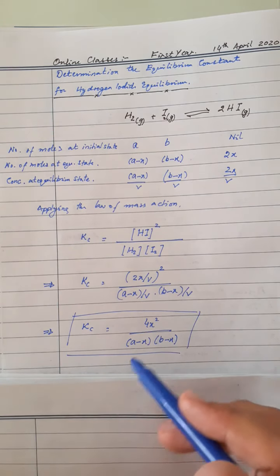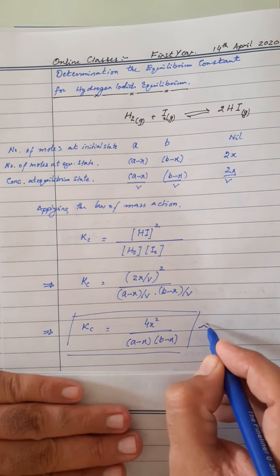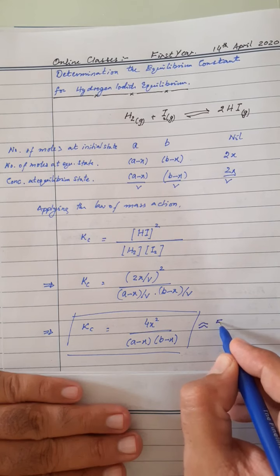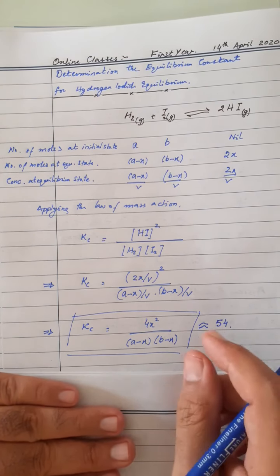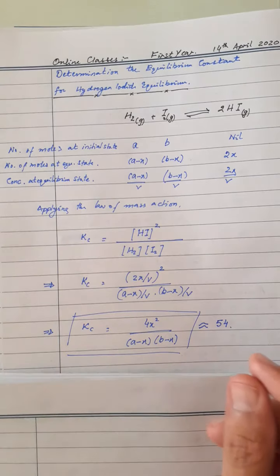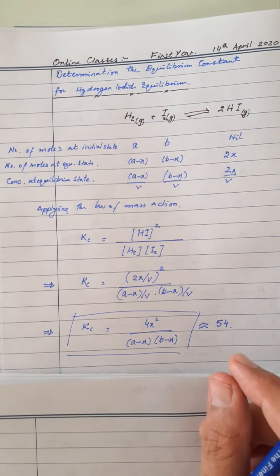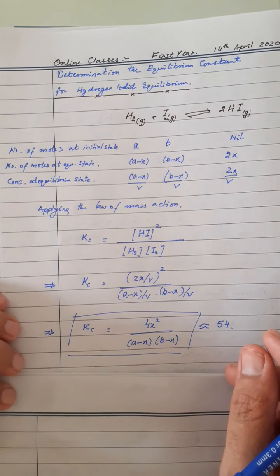Different reactions have different values, but the average value for this chemical reaction is 54. Just like for ethyl acetate the equilibrium constant was 4, here it is 54. That is how you can calculate the value of the equilibrium constant for this reaction.